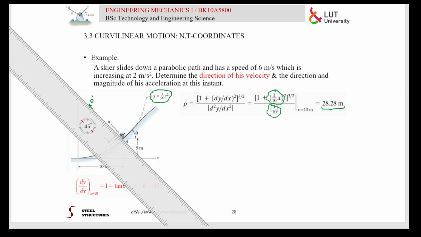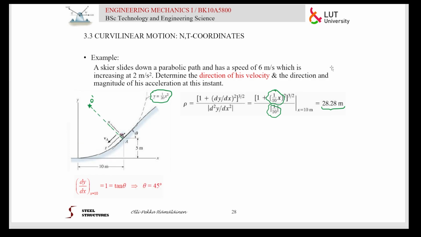So this is the radius of curvature of that skier. Because that's going to allow me to divide the acceleration into the tangential component and the normal component.